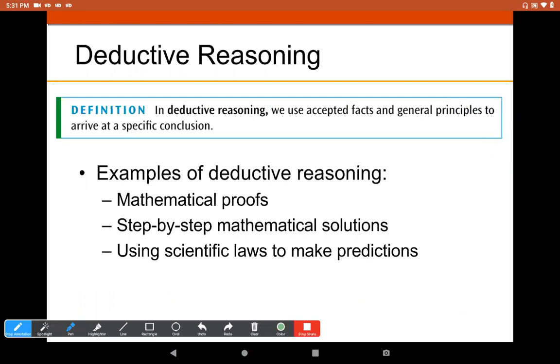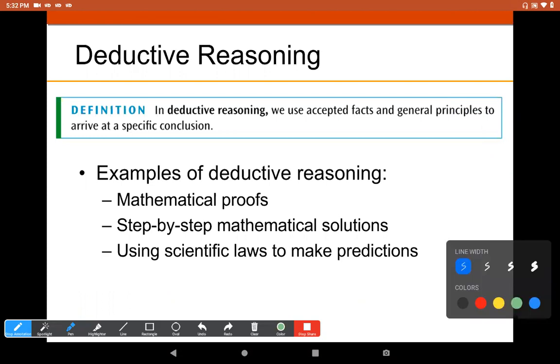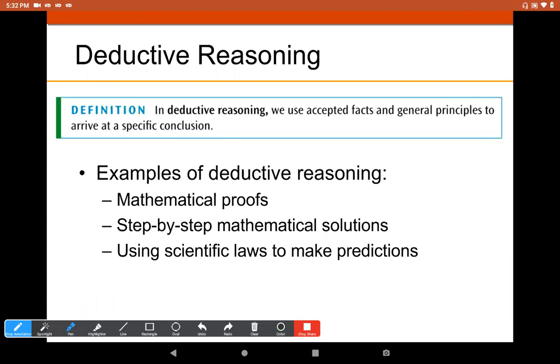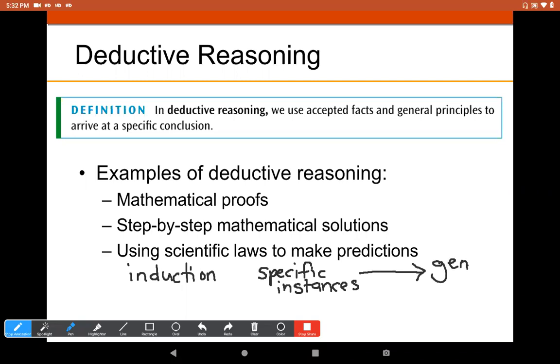Usually we can make ourselves a little chart. For example, induction was the specific instances leading us to a general conclusion.